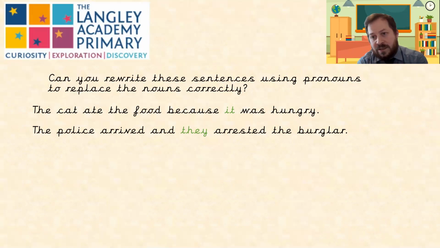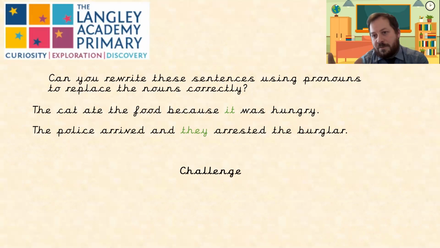Whereas on a sentence alone like this, they don't have that ability. The cat ate the food because it was hungry. The food we can't change because we only have one instance of it, but the cat we can, because we know that the it refers back to the cat.